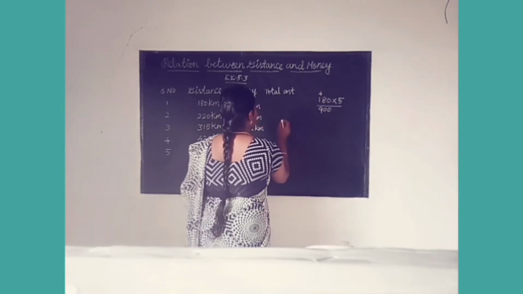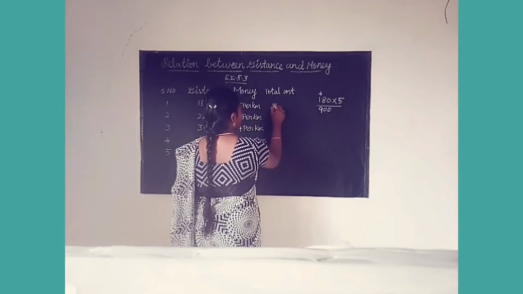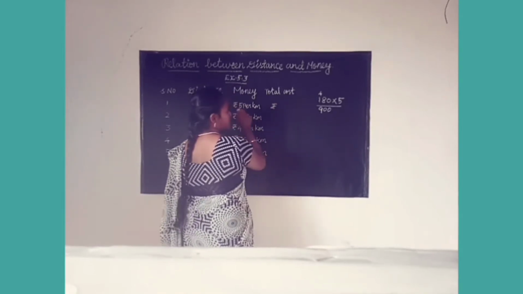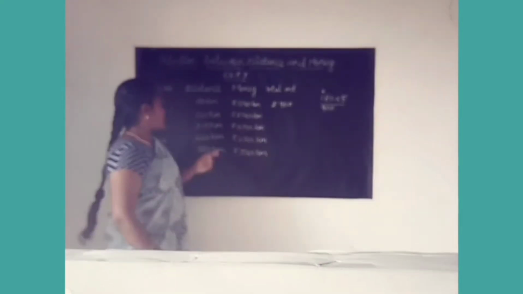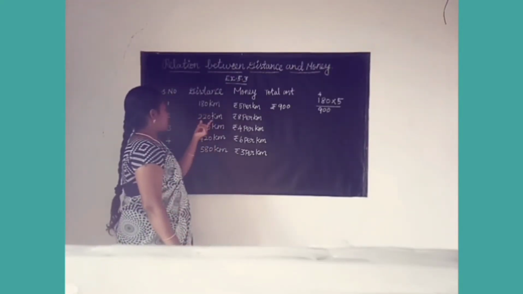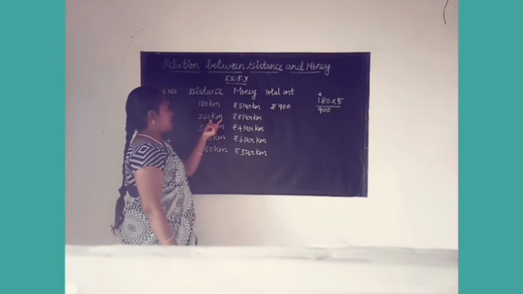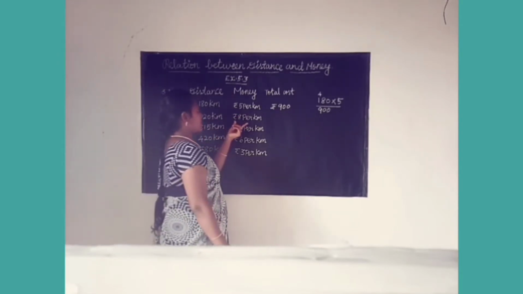So the value is rupees 900. Total cost means we put the rupees symbol.